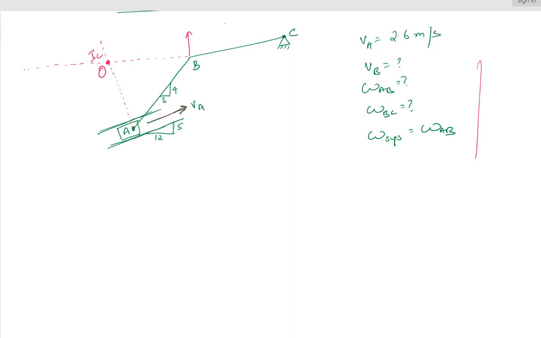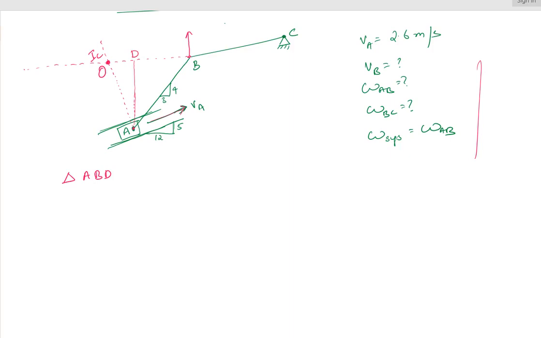Let's see. First, look at triangle ABD. I forgot to draw something here. I need to draw A. Okay.